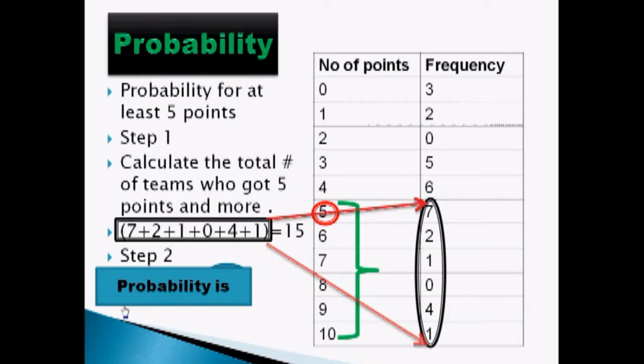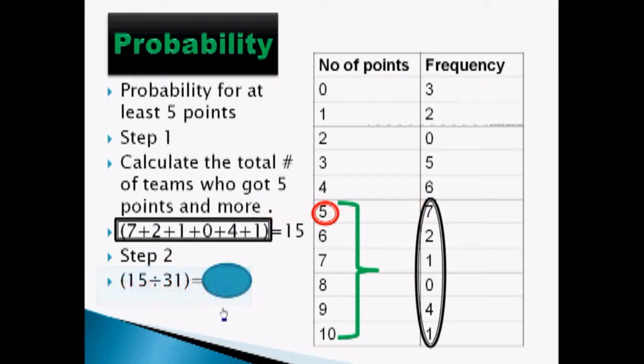So step 2 now, we are going to find the probability now. So the same 15 here, which is the total frequency of the data that they are speaking about, which is at least 5 points or more, is equal to 15, and then the total number of teams is what? 31.